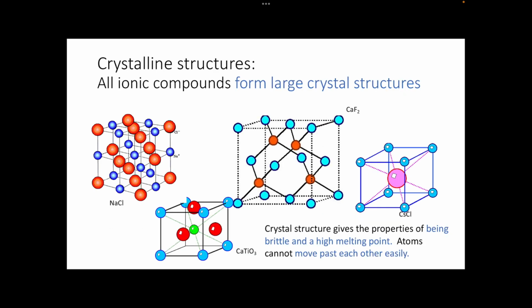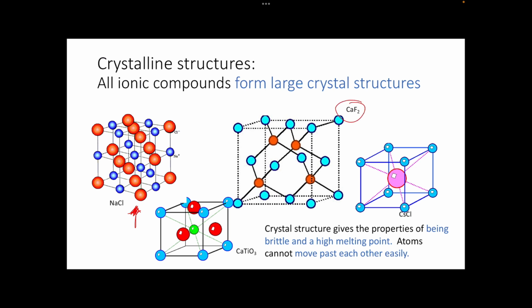So the crystalline structures. All ionic compounds form large crystal structures, and they have different types depending on what it is. You can see sodium chloride here. We just talked about that. It's a regular structure with sodium at one point and then chlorine at another point in a cube. All right, but other things have different structures.